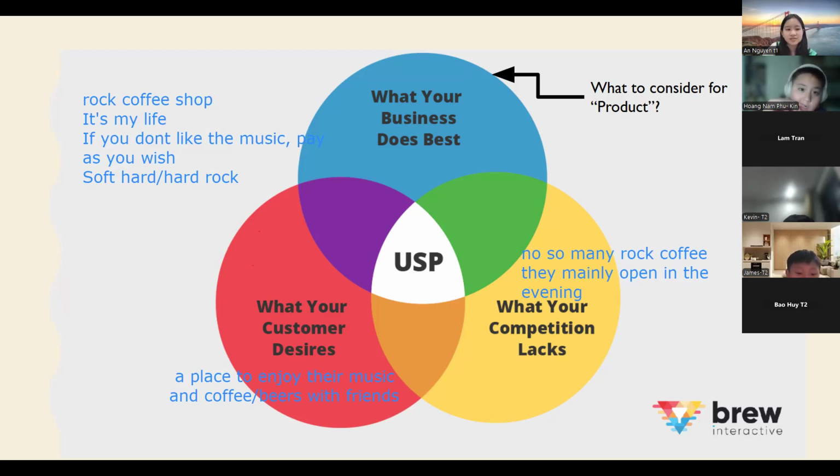Yes, correct. Because my competitors only open in the evening. In the morning I play a different kind of rock, classical rock, something about love, soft and gentle. In the evening, some headbanging, for example. What else is my unique selling point?